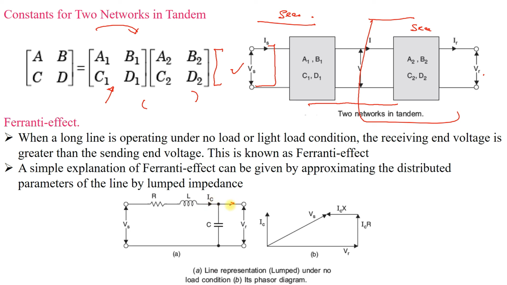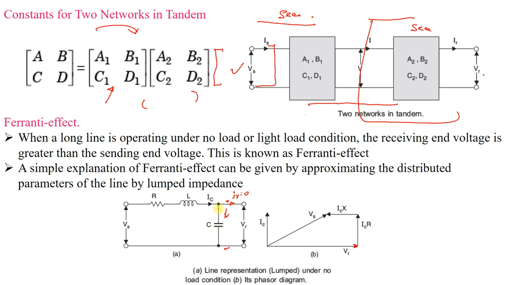That means there is no receiving end current. IR is equal to 0 in this case, or IR will be very small compared with the charging current of the transmission line. If you take VR as the reference phasor, you can see that IC is flowing through the capacitor.